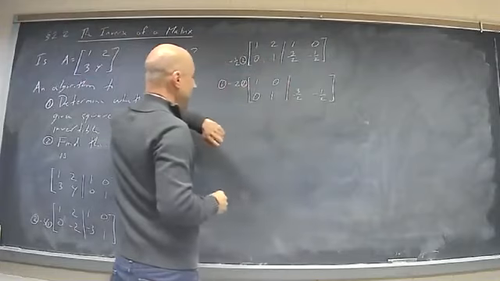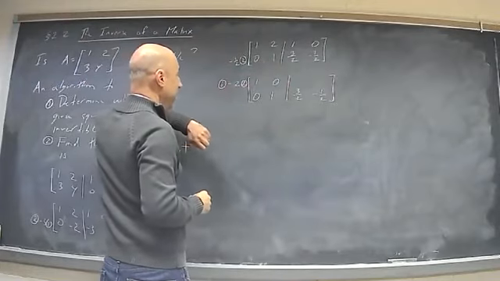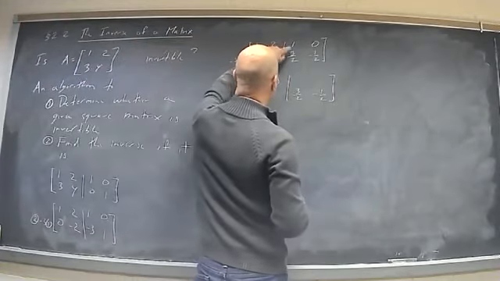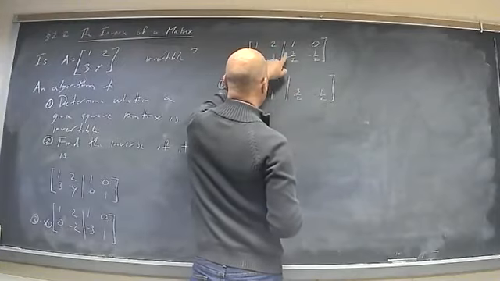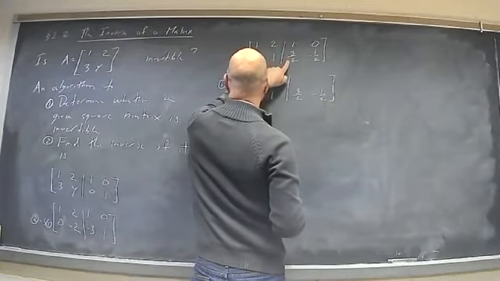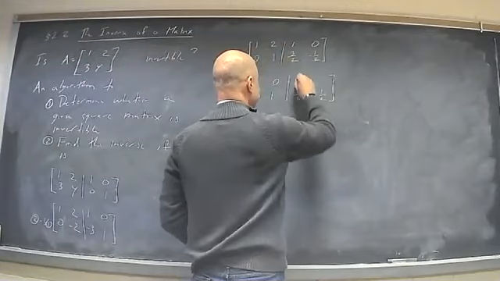We've already gotten the left-hand side down to the identity. 1 minus 2 times 3/2 is 1 minus 3, that's negative 2.